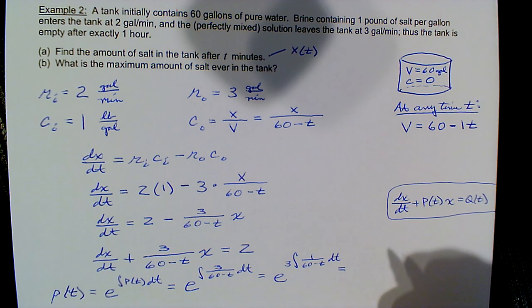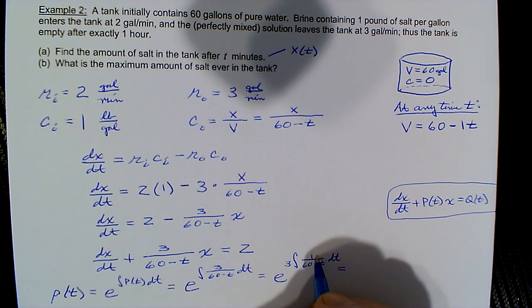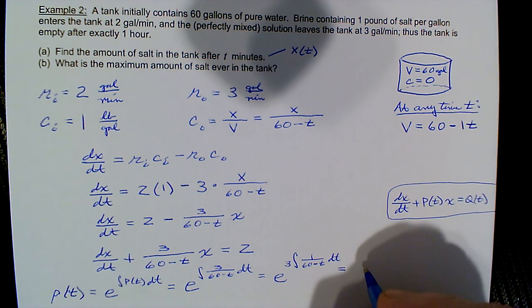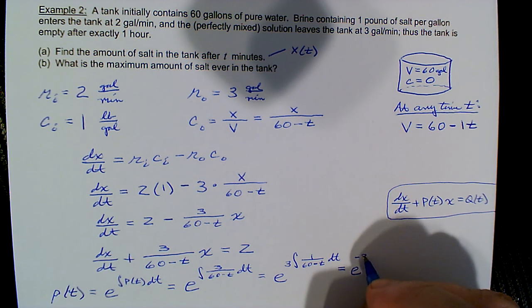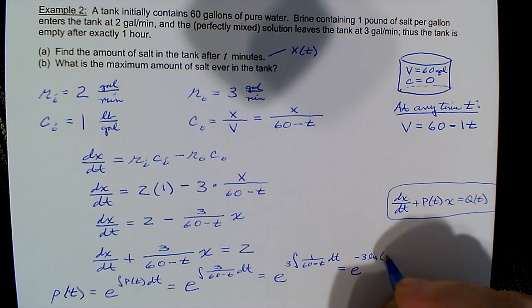But then integrating that, we get the natural log, but we have to modify it by a negative. Because if we take u to be the denominator, the du is minus dt, so we'd modify by the negative, so we'd get e to the negative 3 natural log of that denominator.